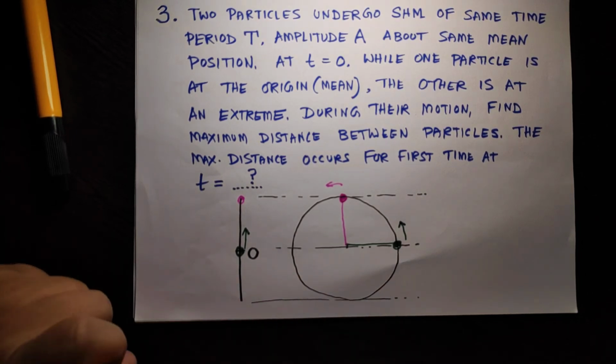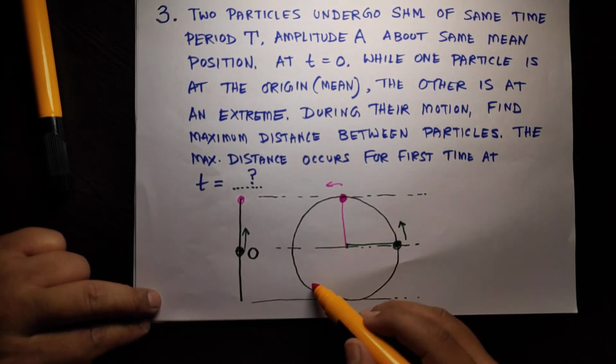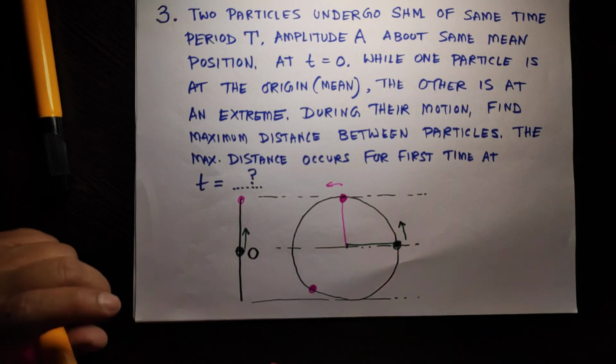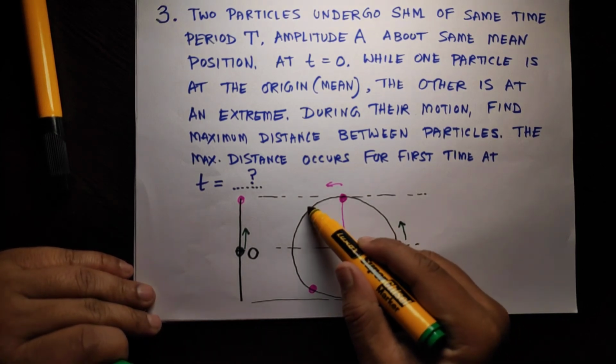So the maximum distance between the particles occurs when this particle moves here, while this green particle moves here.